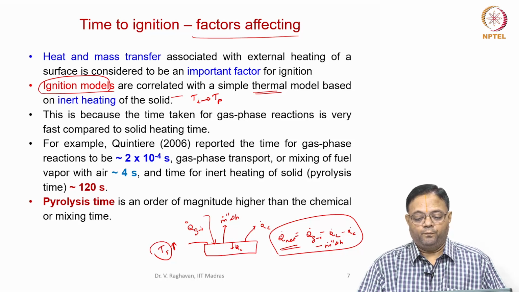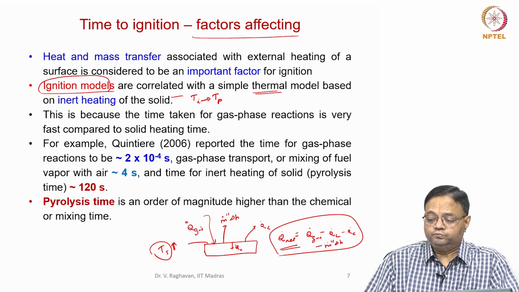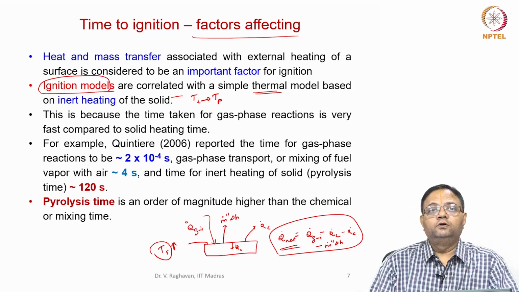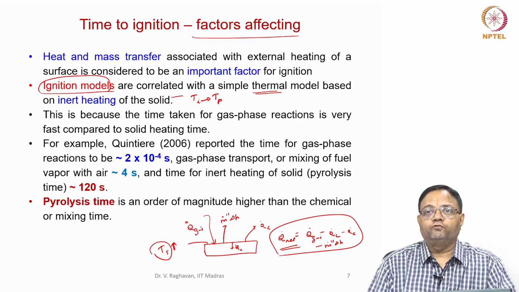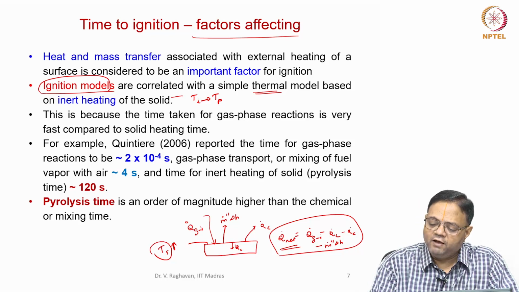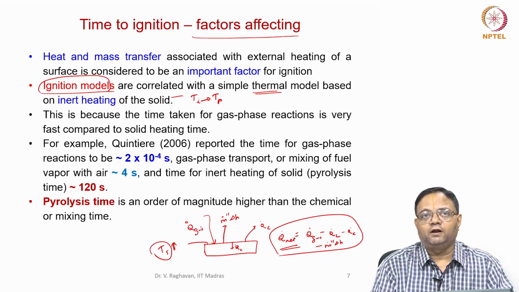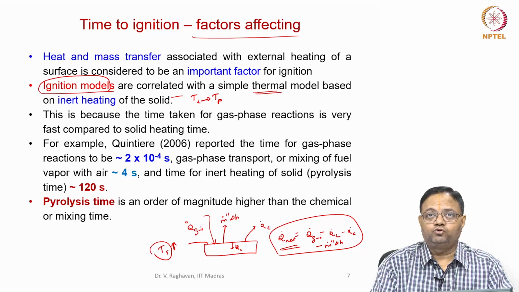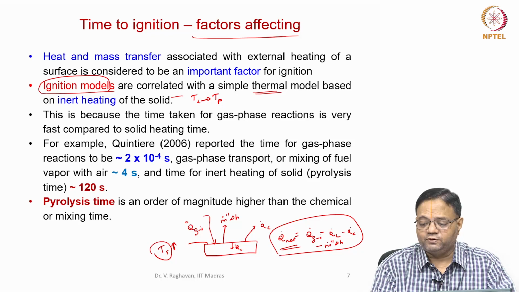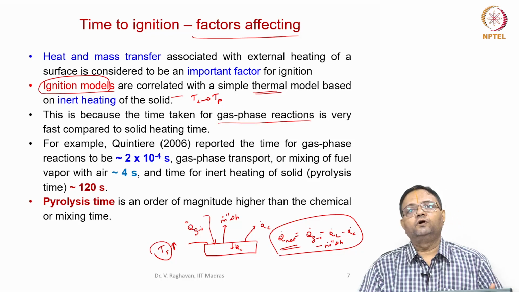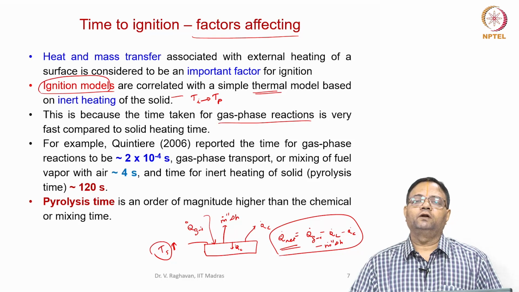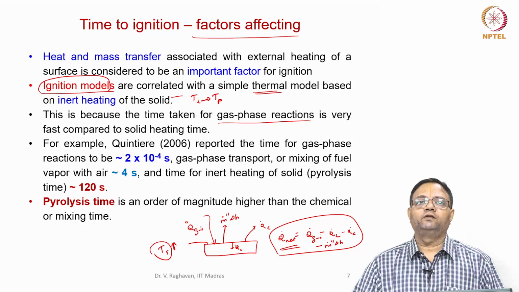Now, why do we do this? Why are we not taking into account the gas phase reaction, etc.? Because even though we do not know exactly what is happening in the composition of the volatiles and how the gas phase reactions are to be controlled, we are sure that the gas phase reactions will be much faster, because you have a lot of unsaturated hydrocarbons, hydrogen, CO, etc. in the volatiles.